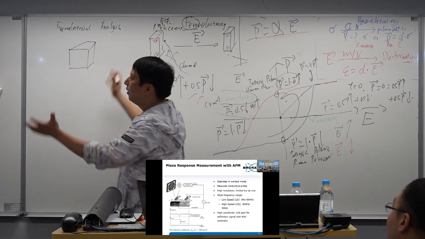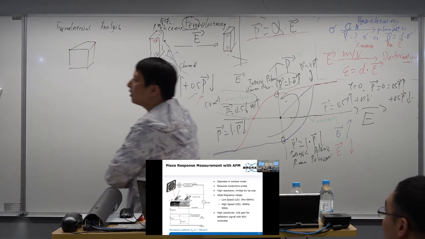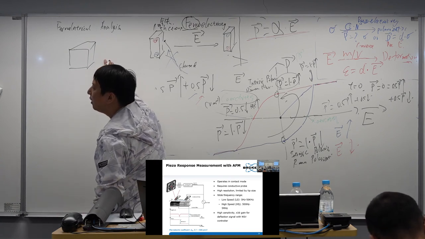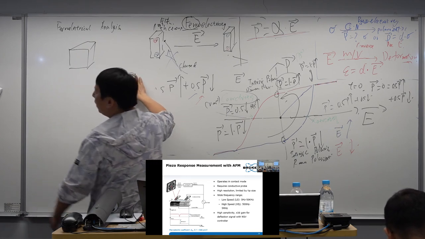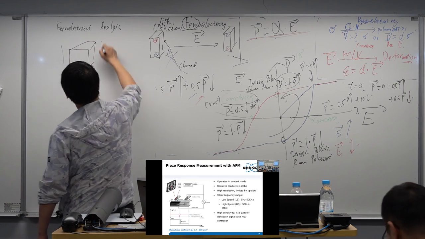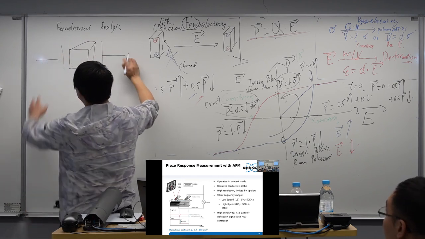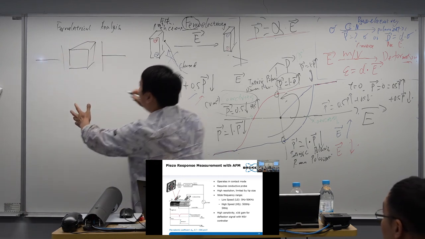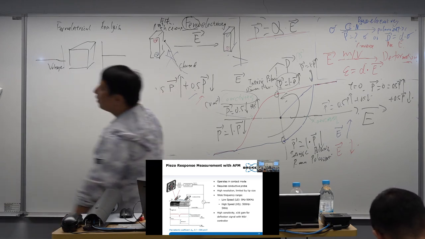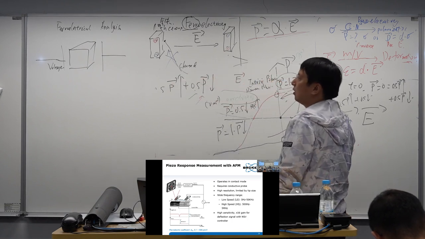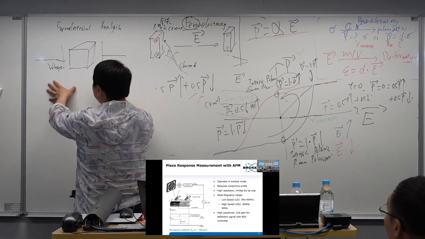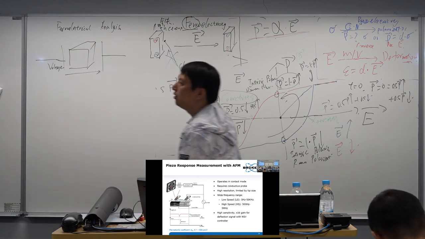So we just build a chamber, and inside the chamber we put our crystal or our materials in. And then we build a loop, and this loop is like a capacitor. We can adjust the voltage here, and once you adjust the voltage, you change the polarization.